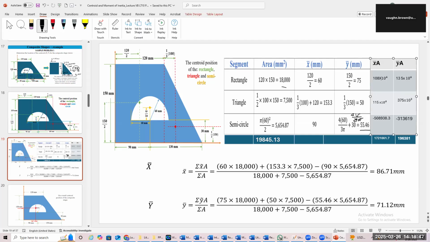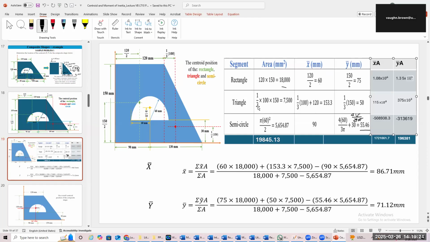So we can edit this: 1.08 times 10 to the, in your calculator you could just put E, so it's 10 to the 6 for that one. What about this one? Let's confirm the next one. It is 75 times 18,000. So you must get 1.35 times 10 to the 6.